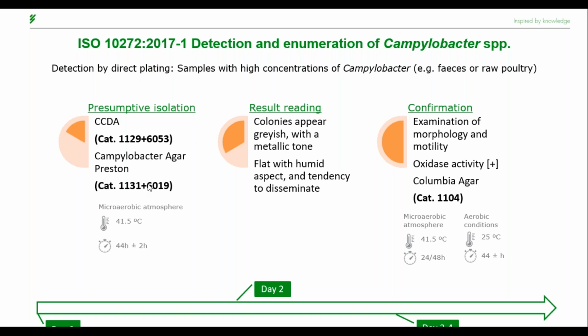It's a problem concerning all kinds of bacteria, not only Campylobacter. But as I said, the ISO committee is always adapting and reviewing every method, every ISO standard.